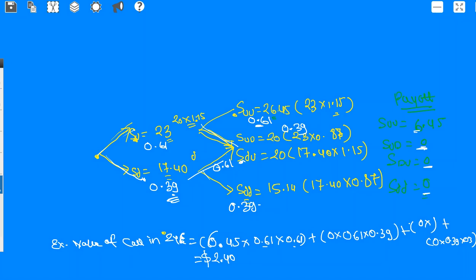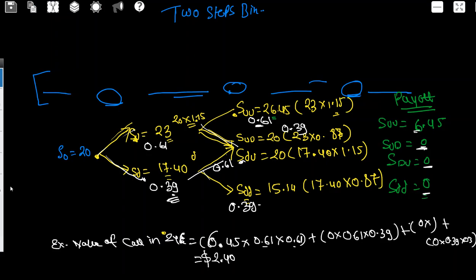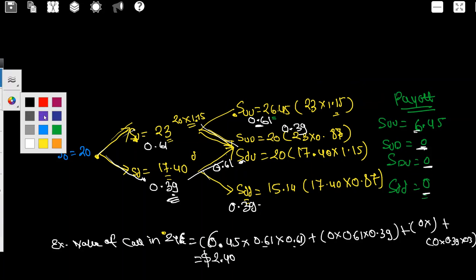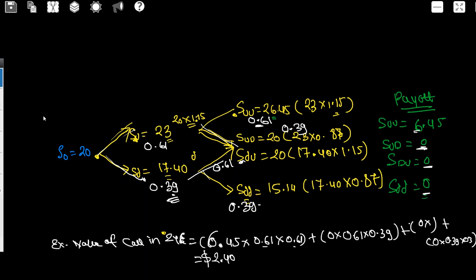So in the beginning, to calculate the value of the call option, we have to simply discount the expected payoff at the end of the 2 years.